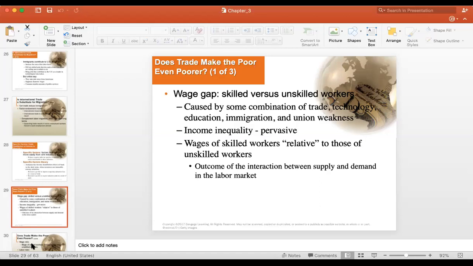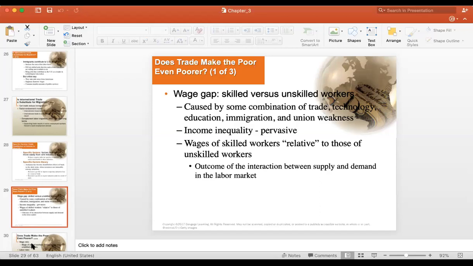So what are the other factors that may be responsible for this wage gap? Well, they have listed other factors, including technology, education, immigration, and union weakness.